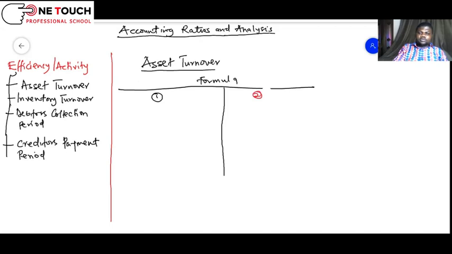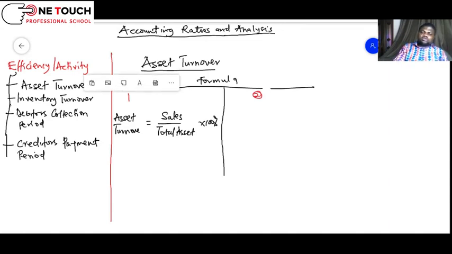So formula number one. Asset turnover is equal to sales over total assets times 100%. So number one, we are measuring it in percentage.